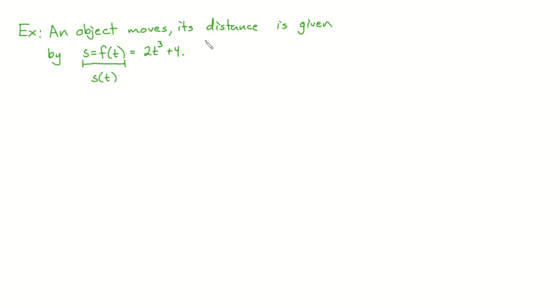Anyway, I want us to find 3 things, and we're going to do one together as a class, and then I'll have you do B and C. I want us to find the instantaneous velocity when time is 3, so it's a more interesting problem.